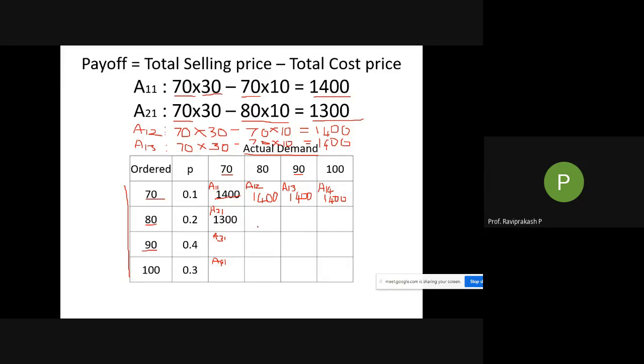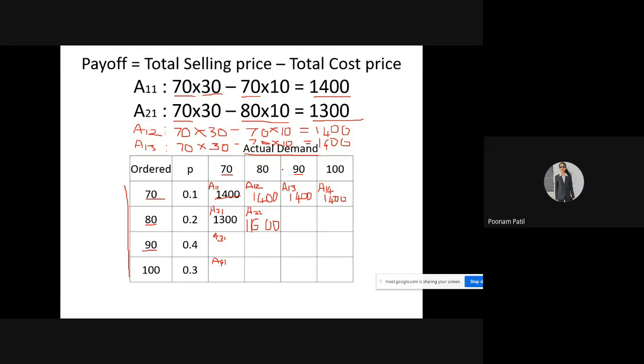So now can anybody tell me this A22? What is the value? I am ordering 80 and my demand is also 80. So what will be the value here? 1600. And what is the breakup? 80 into 30 minus 80 into 10.